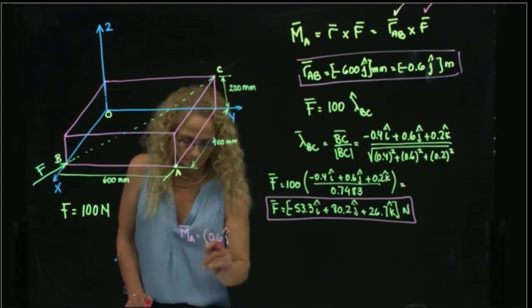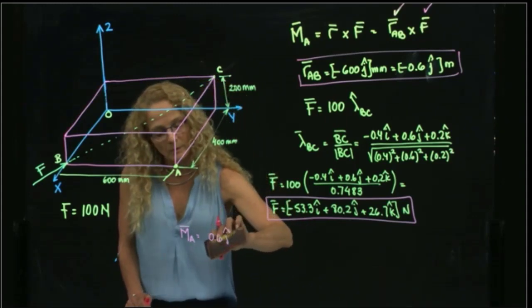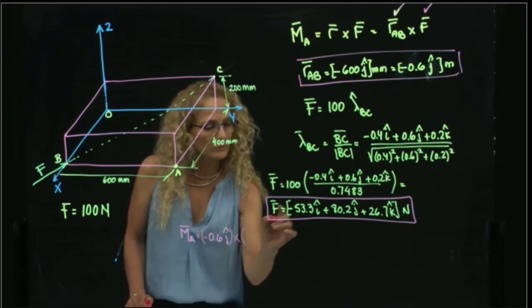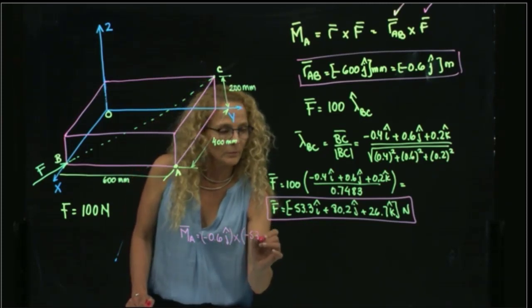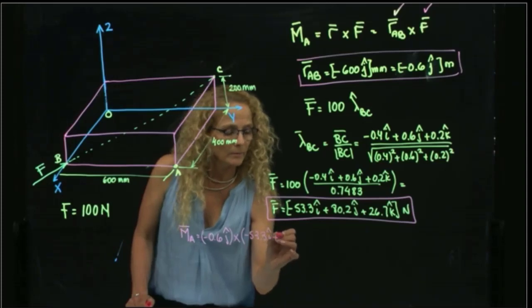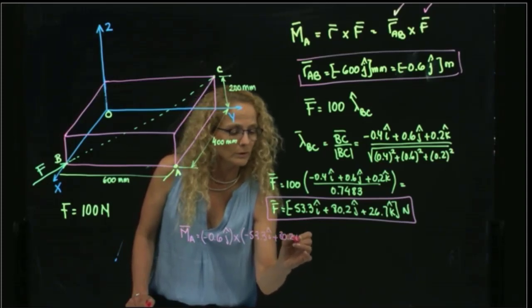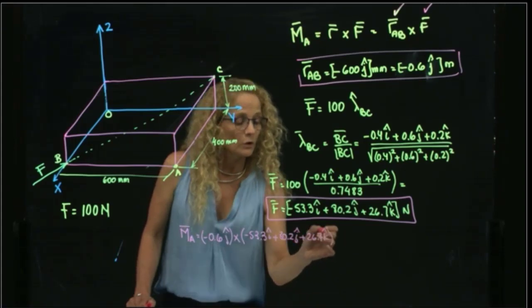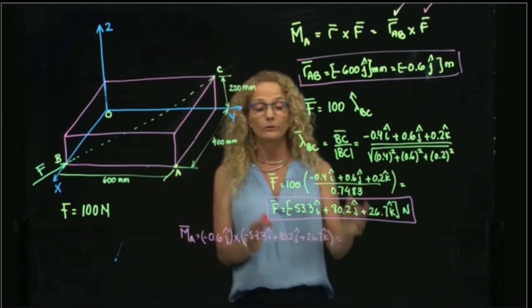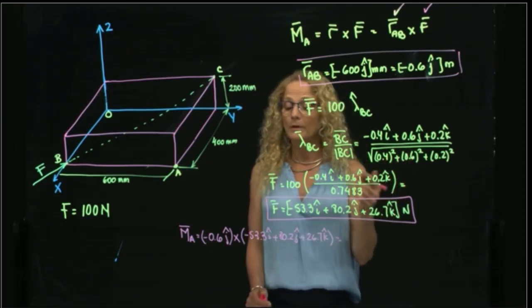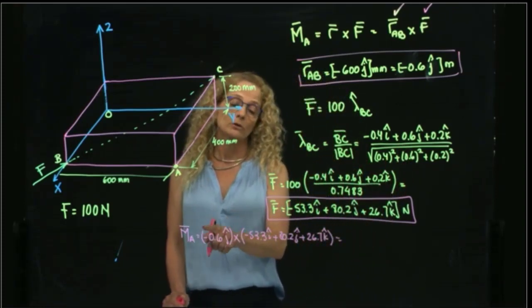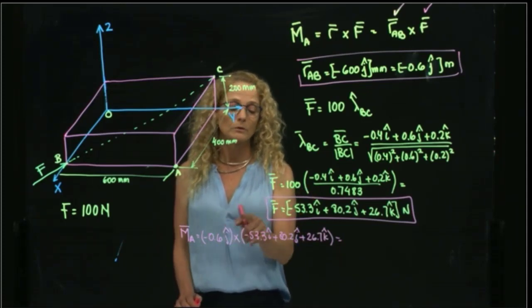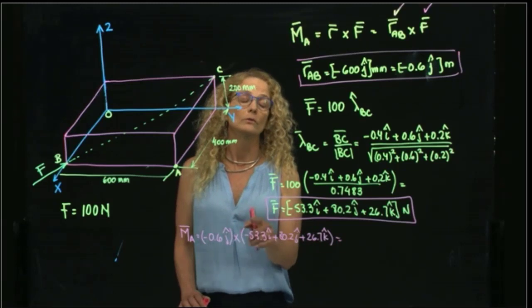Since this vector has only one component, I could just do the distributed multiplication of these two vectors.